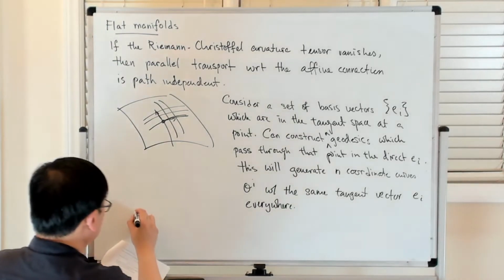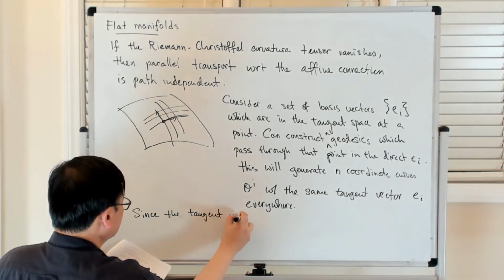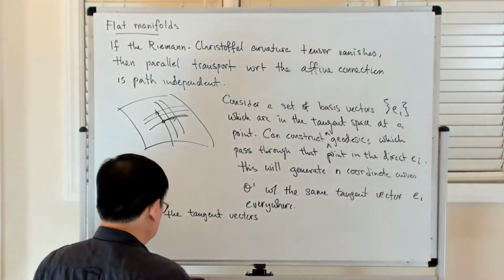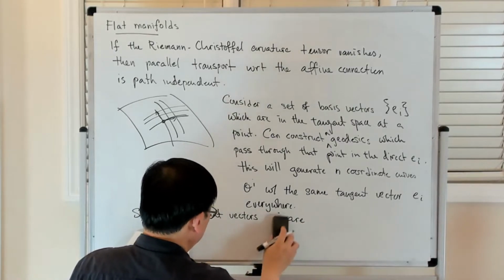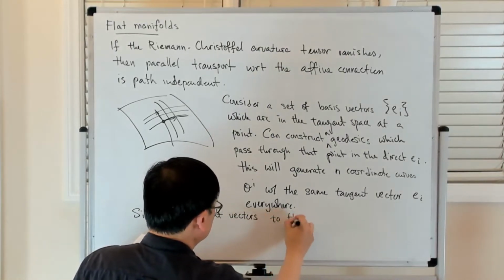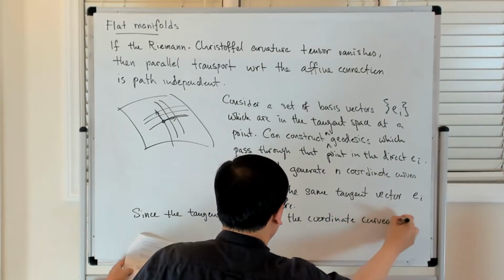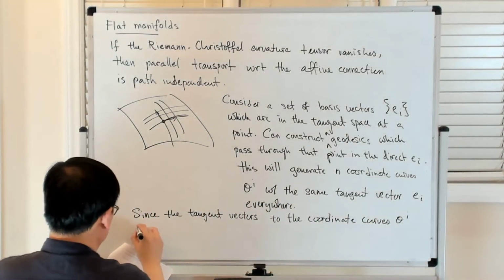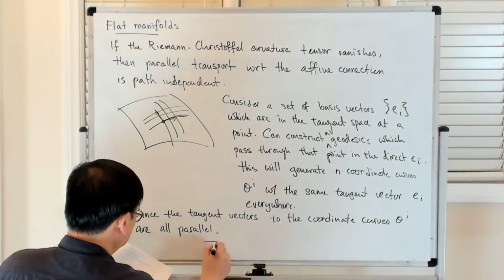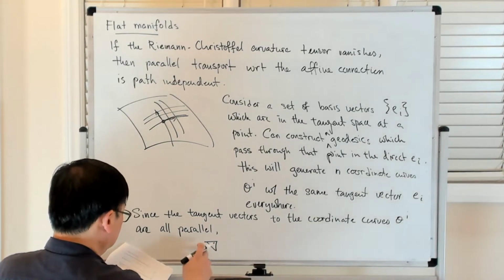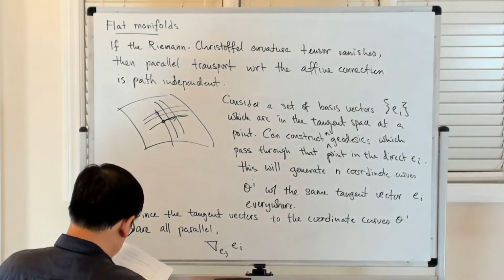So since the tangent vectors to the coordinate curves E_i are all parallel, what that means is that the covariant derivative of E_j along E_i equals 0.